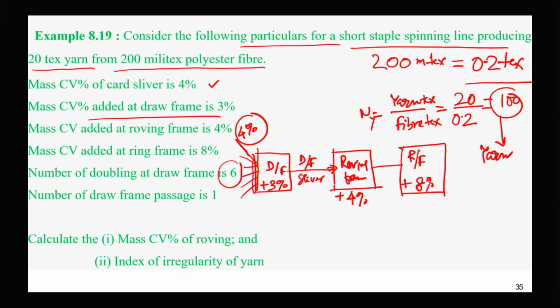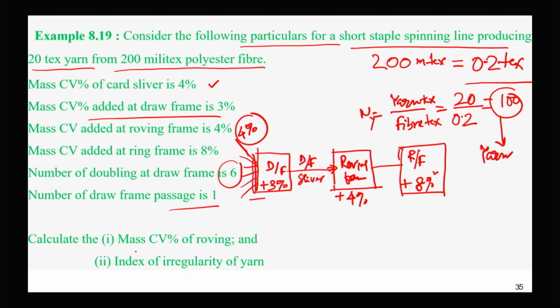So the ring frame adds a little bit higher than the roving frame because the ring frame draft is generally more than the roving frame. Although there are different fiber control mechanisms, as the draft is more, generally the ring frame adds more unevenness. And the number of passages of draw frame is 1. So this is the story.